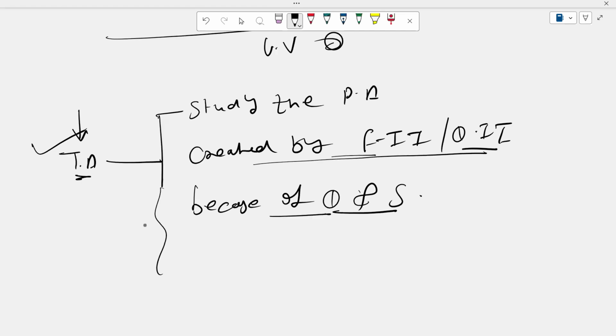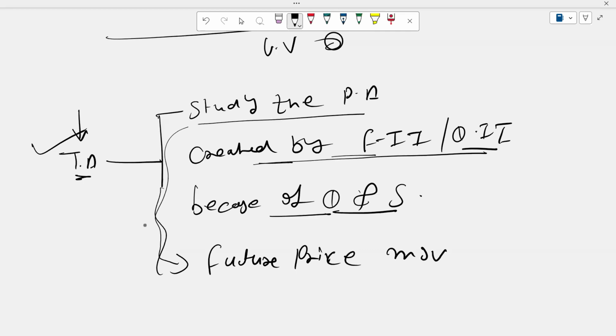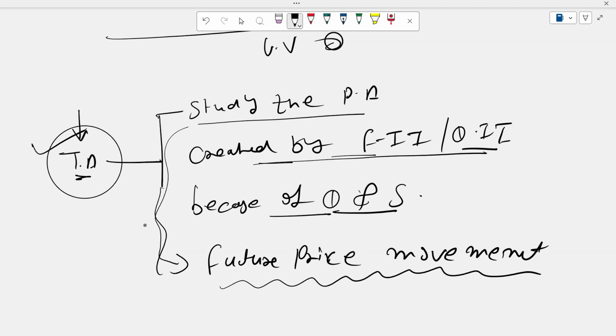Because of demand and supply, FIIs and DIIs are creating a chart pattern. We are studying the price action. Not only are we studying the price action, we are also predicting the future price movement. This is our work as a technical analyst: to predict the future price movement based on the study of price action.